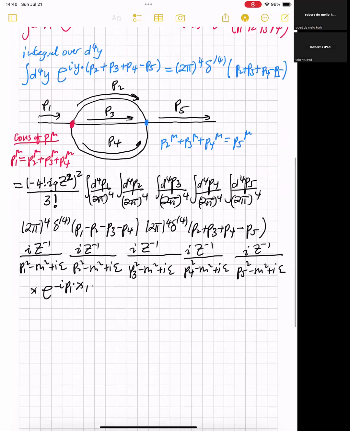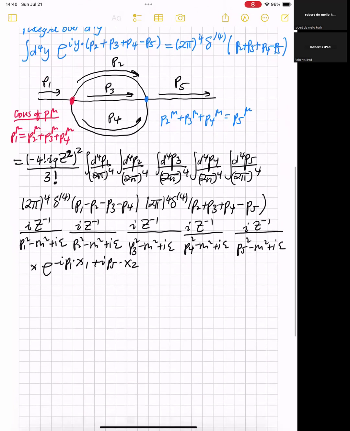So we'll have plus I P5 dot x2. Now, it is trivial to do two of the momentum integrations using the delta functions, okay? So let's use the first delta, and we'll use this to do the integral over P4.